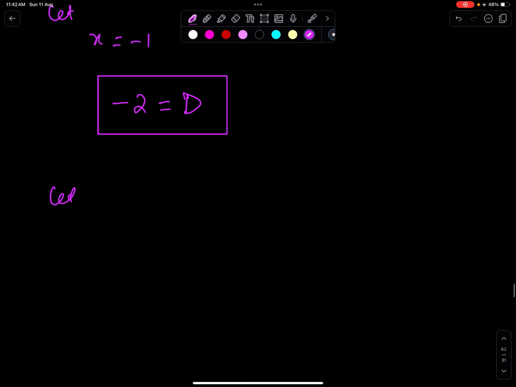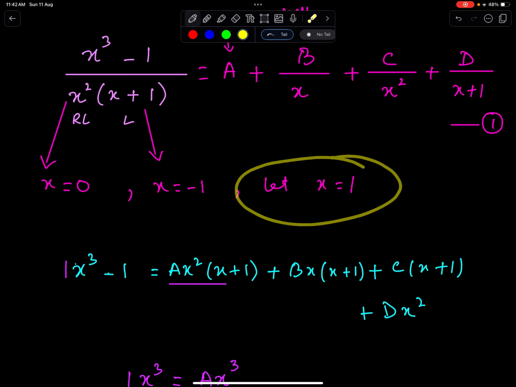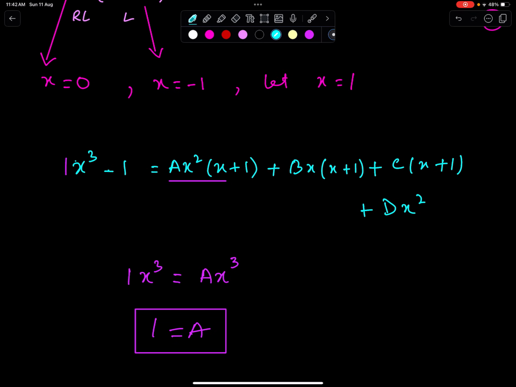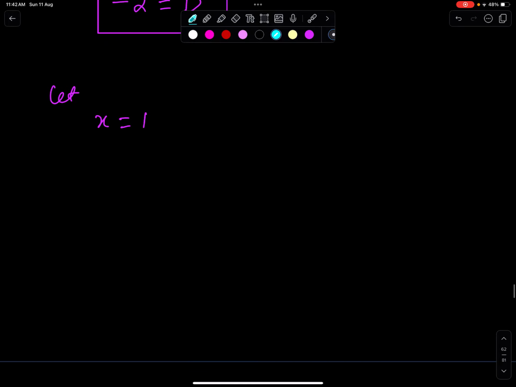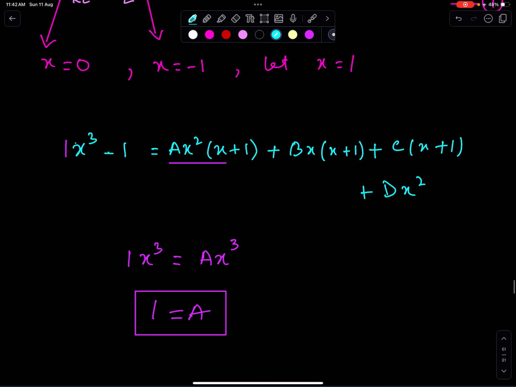Now let's substitute the last value, which is 1. Always substitute the supposing value at the end to make the calculation simple. So when we will put 1 on left side, we'll get 0. On right side, a is 1. This is also 1, so 2. This will become 2.